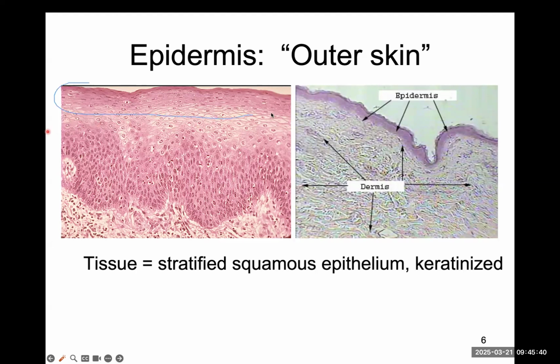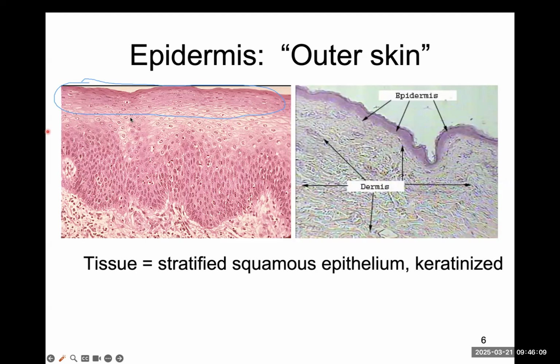So this layer on top is epidermis. But actually everything is epidermis here up to this point. But the reason I circled here is because the shape and the characteristics that we used to name this tissue is pretty clear here. So stratified squamous epithelium.